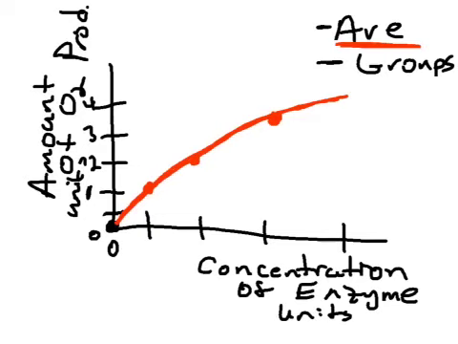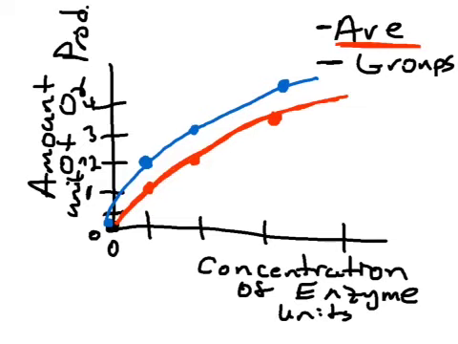So maybe group 2 had their initial point at 0 as well, but then at 1, maybe they measured it as 2, and at 2 units of enzyme, they said it was kind of like a 3, and then at 3 units it was a 4. So maybe they're graphing it more like that.